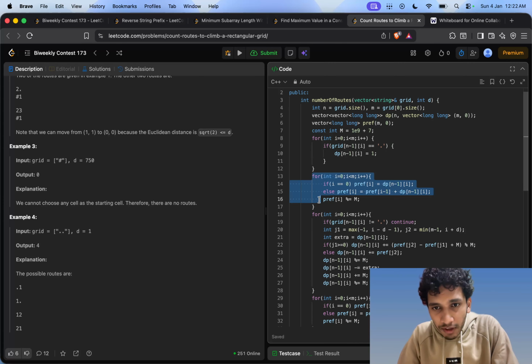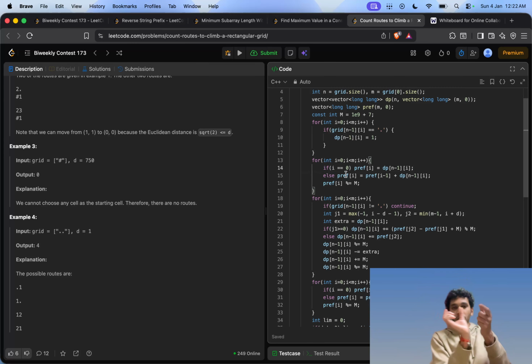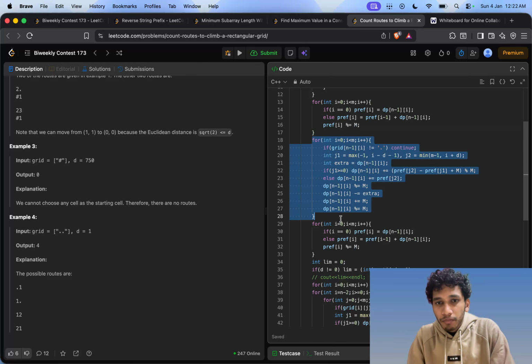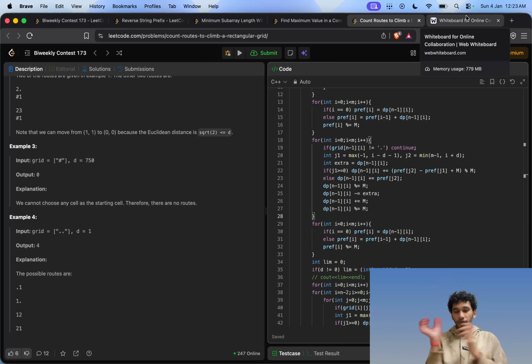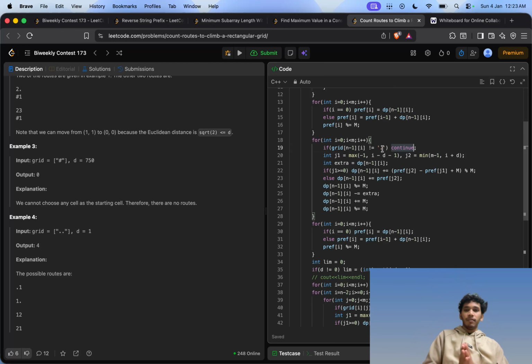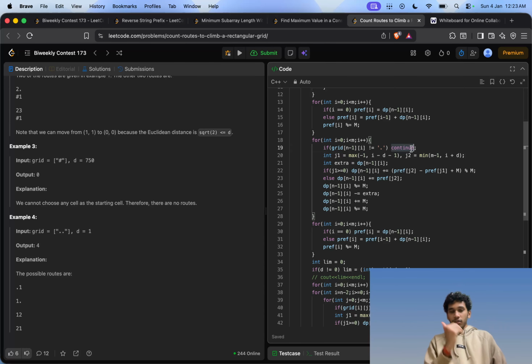Now for moving in the same row, we first calculate the prefix sum. If it is the first index, the current value is the prefix value, so that same value is repeated. For upcoming values, it is the previous value plus the current value. Here the prefix sum takes modulo with m. Now the recurrence relation of moving in the same row: if the grid cell is not a dot, that is, this cell is not available, then just continue, because dp at that cell should be equal to 0.